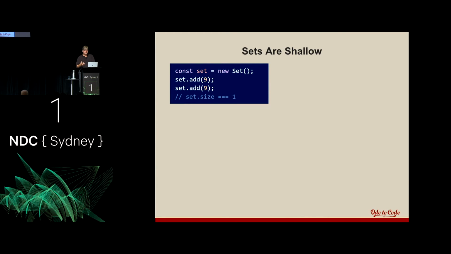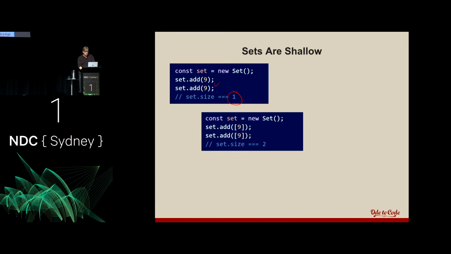There are some new data structures in ECMAScript 2015. You should just be aware of how they work. There's a new set. Sets shouldn't have duplicates in them, but it's just doing a reference or a value comparison, where if I create a new set and try to add 9 twice, there'll only be one 9 in there, which makes sense. But if I try to add 2 arrays, that's 2 different objects that the set sees.